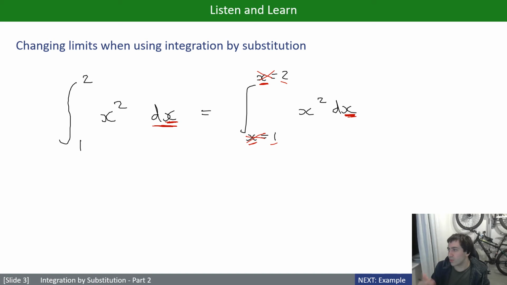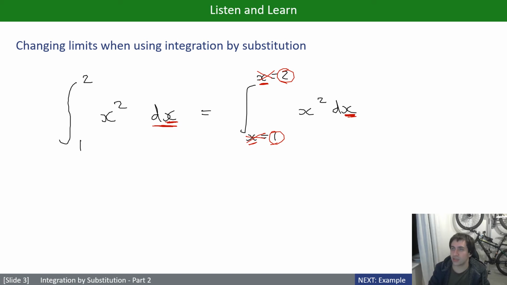Ultimately that means the numbers here are going to change, so your limits will change along with the expression. If you forget to change your limits, your integral will no longer have the correct answer, which should make sense, right? You can't just change the numbers and get the same answer. It's only an issue for definite integrals. For indefinite integrals, it's not a problem because there were no limits there in the first place.